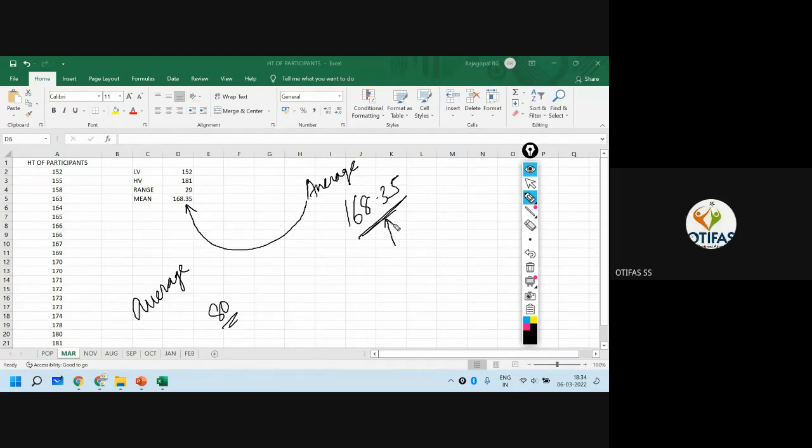That is what inferential statistics is. You can get 80 people and do it. But what about 8,000? What about 8 lakhs? So what is the best way of predicting? Now you have 20 people, so chances are your average height of 80 people will also be almost the same.